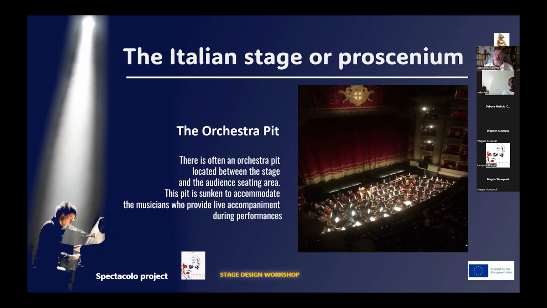The orchestra pit is usually found between the stage and the seating area in all theaters. You can hide some of the musicians from the crowd while still being able to hear them because it is sunk below the stage level.